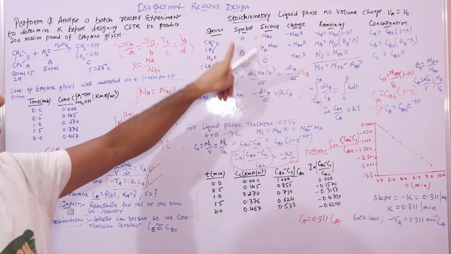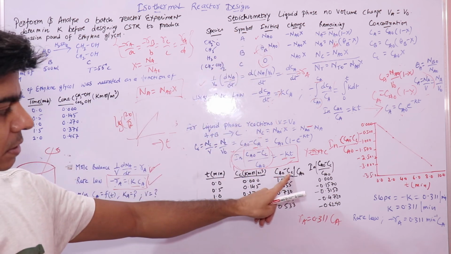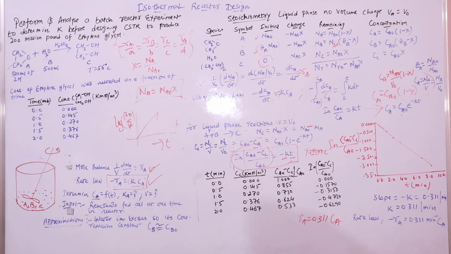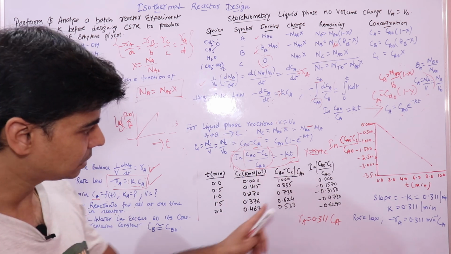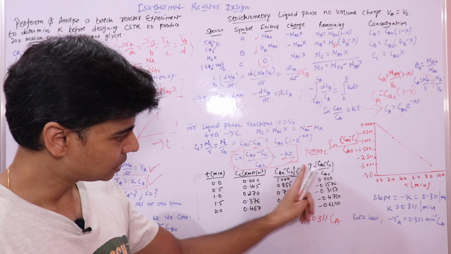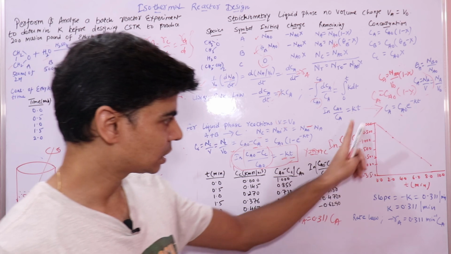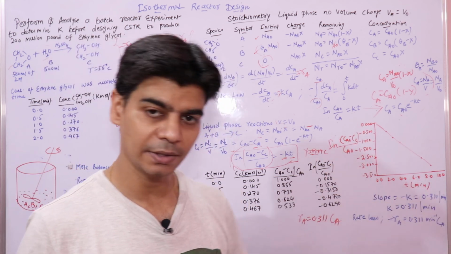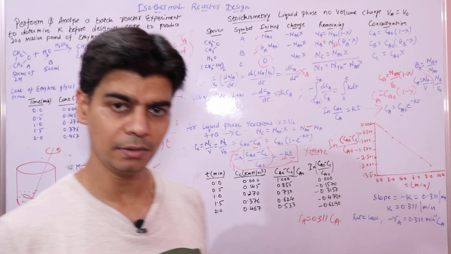CC is given here, time is this, and then you take the logarithm of this and you get this value. All these values are plotted here against time, and you get a straight line.